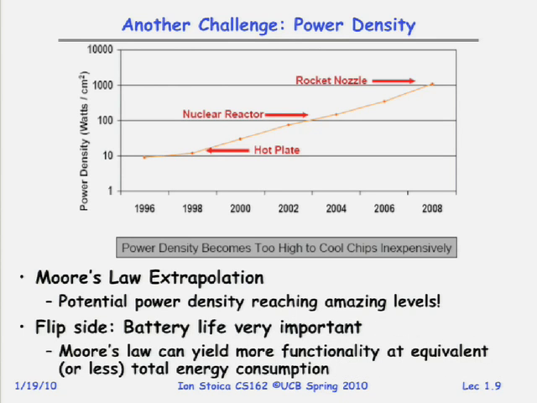There is another flip side, and the flip side is battery life. As you know, battery technology doesn't progress as fast as the other technologies, like performance or the number of transistors on a chip. So if you think about your phones, the big question there is how much computation power you can put on that phone, and very soon you arrive at the main limitation being the battery.